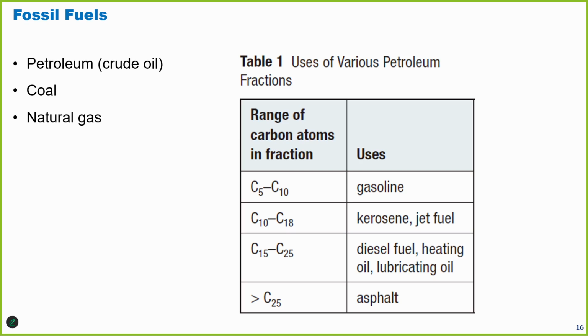The smaller molecules have lower boiling points than the larger molecules because they have relatively weaker intermolecular forces. The different hydrocarbons are then collected into fractions by selective condensation at different temperatures. Each fraction contains hydrocarbons with a specific range of chain length.